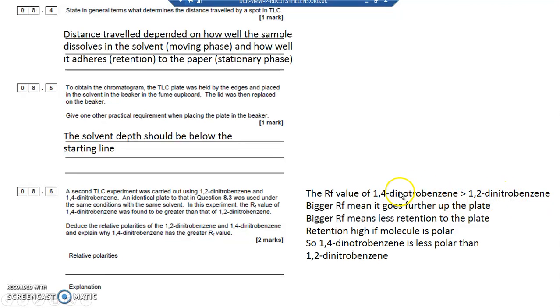So this 1,4-dinitrobenzene dissolves better in the moving phase and doesn't adhere as well to the paper as the 1,2-dinitrobenzene. The reason is, if it doesn't adhere to the paper, it's less polar. If something adheres to the paper, it tends to be polar. It has polar bonds within it. So the 1,4-dinitrobenzene is less polar than the 1,2-dinitrobenzene.